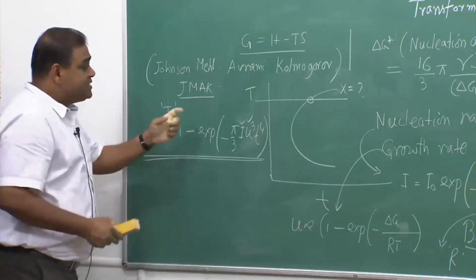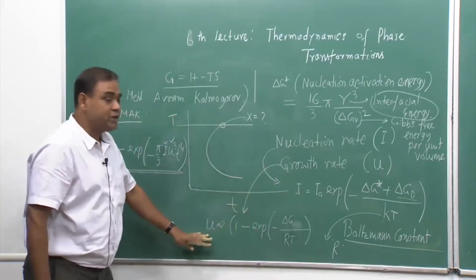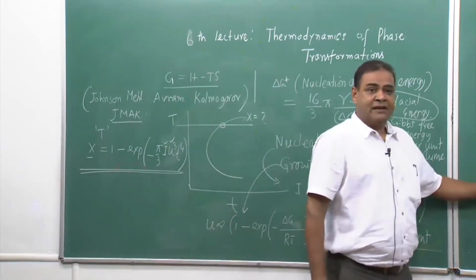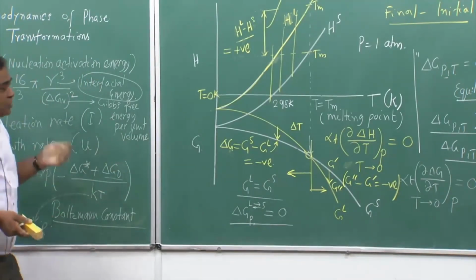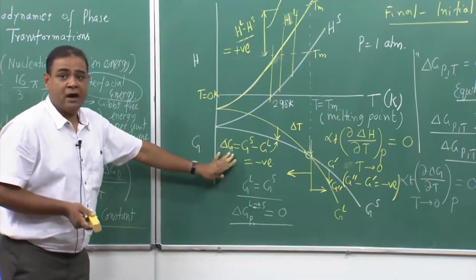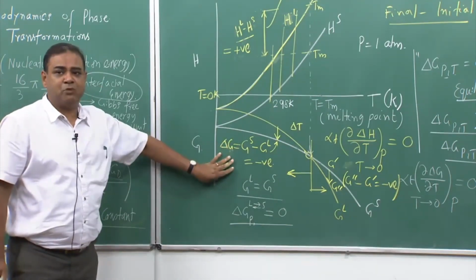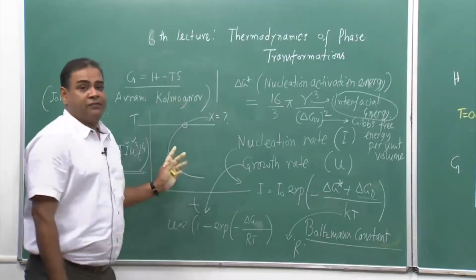That means, in order to find this, we need to know I and U, and in order to know I and U, we need to know ΔG. That is the reason why we should first see how we quantify ΔG. This is extremely important, because otherwise we will not be able to calculate this graph.